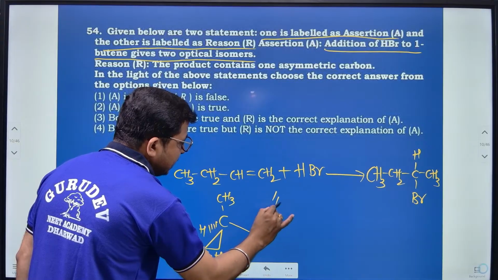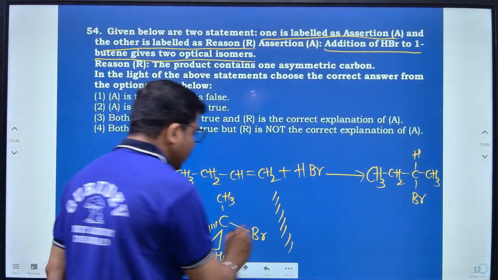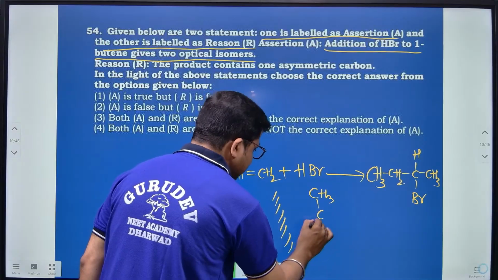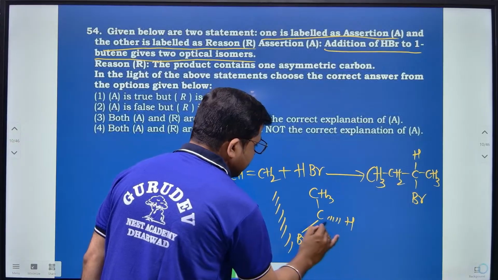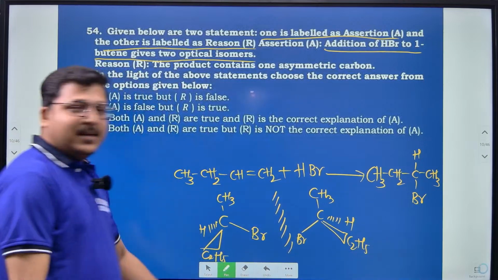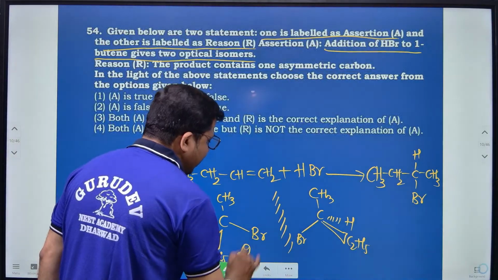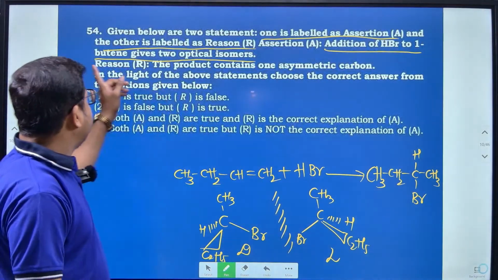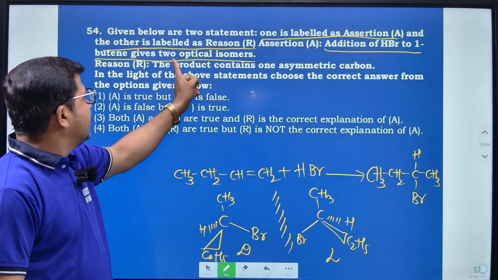When kept in front of a mirror, this shows its mirror image: CH3, Br, H, C2H5, right? Clear? So this is the dextro compound, and this is the levo compound. What he has told, the addition of HBr to 1-butene gives 2 optical isomers.